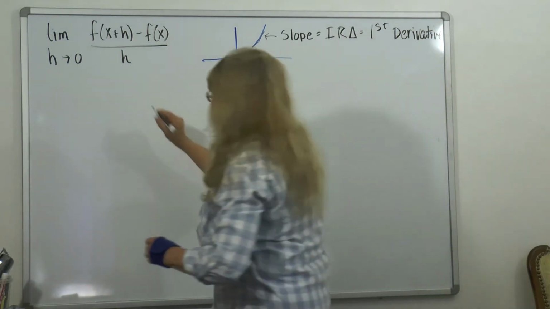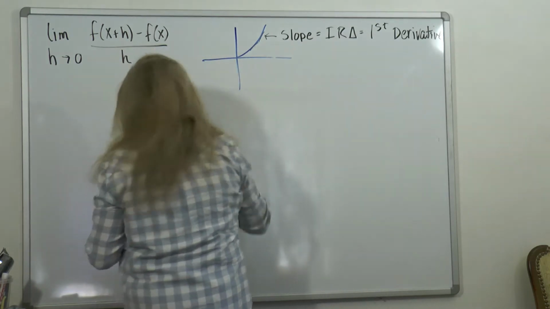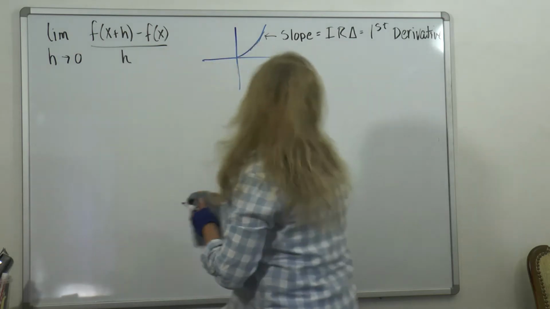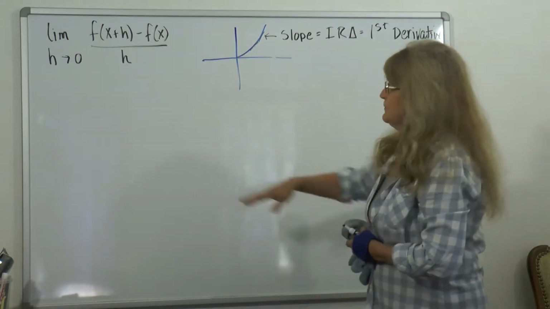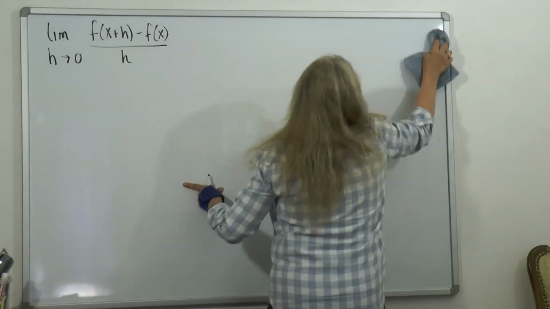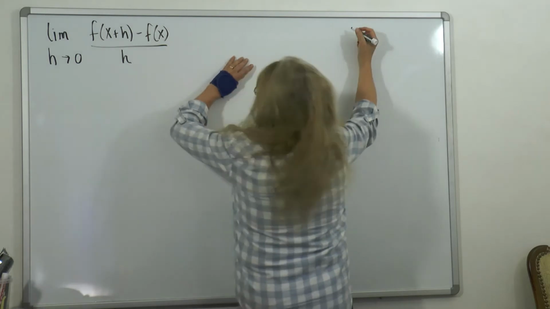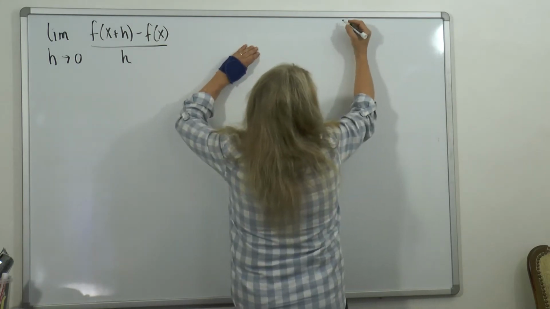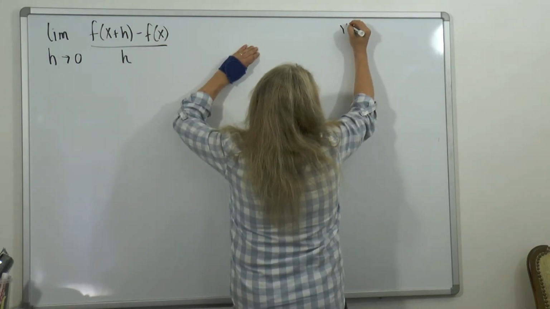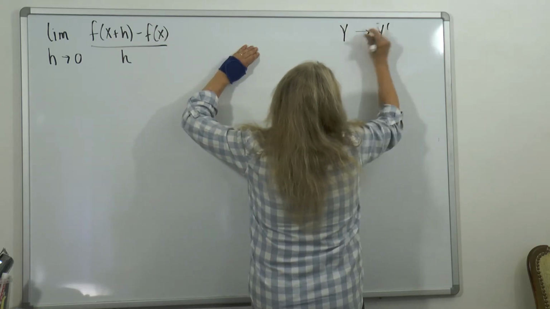Okay. So if you want to go back to the other video, or you can look on Khan Academy, which has the identical lecture that I do for how we got this, but hopefully you're okay with it. So first off, I have to give you some shorthand. If we use y, the first derivative is y prime.